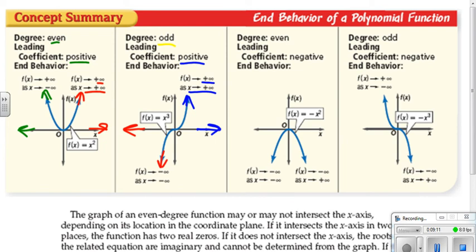Moving right along, if we're back to an even degree function and our leading coefficient is negative. So again, the example they give is a parabola that's going downward. As x approaches negative infinity, so as we go to the left, f of x approaches negative infinity.